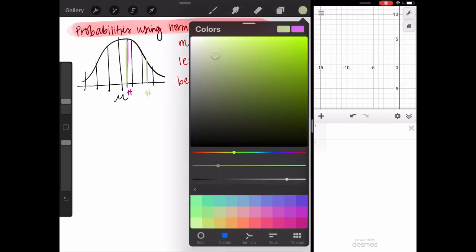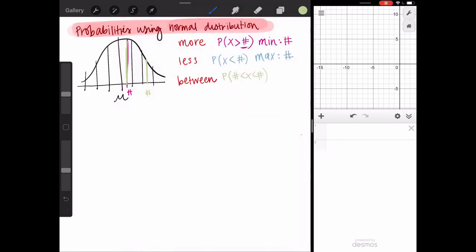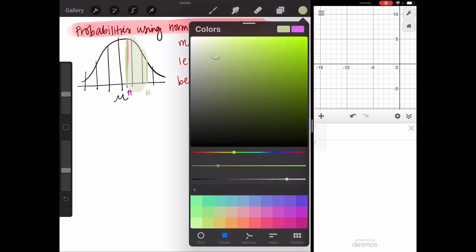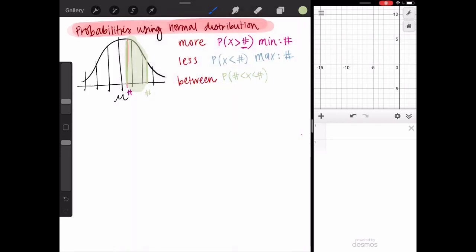It's asking you, if you picked someone randomly in this entire population, what is the probability that they would be between those 2 numbers. So what ends up happening is you have a minimum and you have a maximum, and it goes in numerical order. So this would be the low number and the high number.